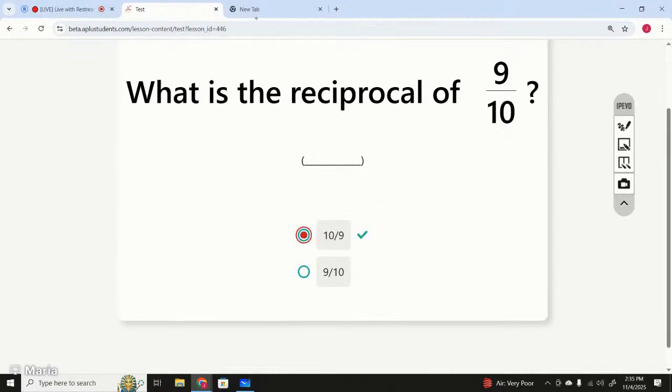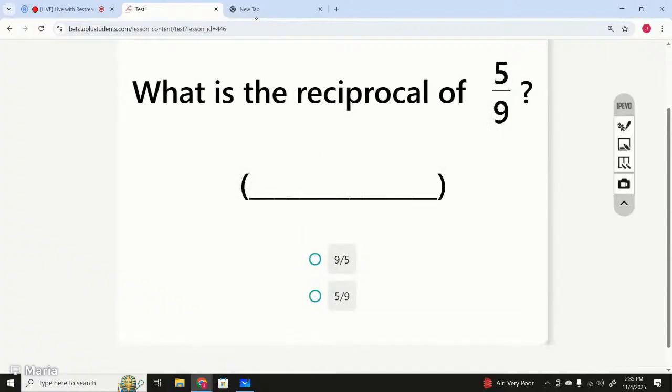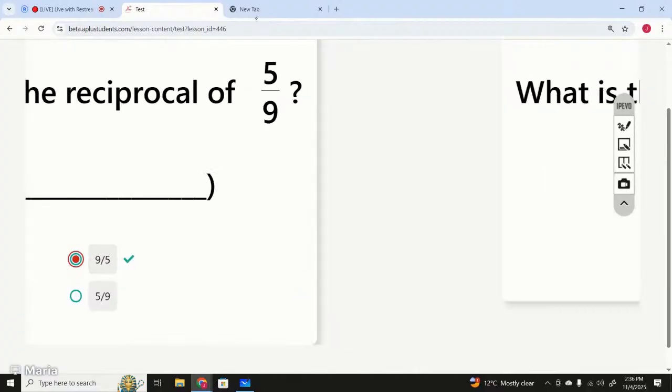That is 10 by 9. Option number 1 is the correct option. What is the reciprocal of 5 by 9? That is 9 by 5. Option number 1 is the correct option.